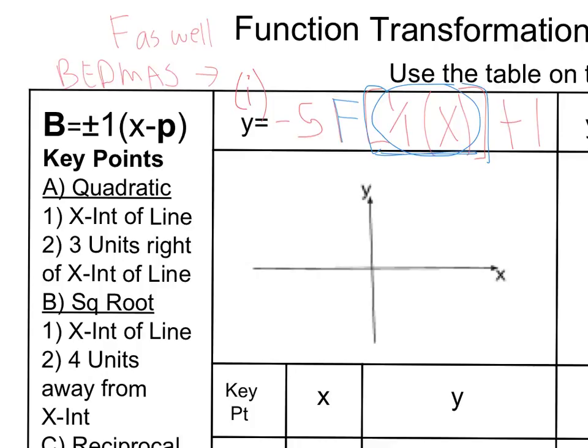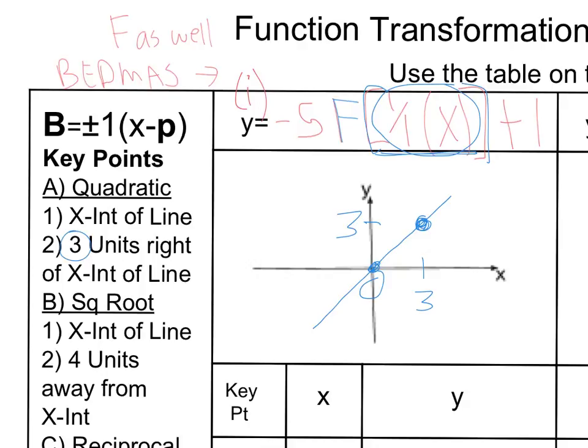It passes through the origin because it's 1x plus 0, right? And it has a slope of 1 over 1. So it passes through the origin, and my key point for parabolas is always 3 units to the right, and then it has to be 3 units up, because it's a 1 over 1 slope. So I've got 2 key points.